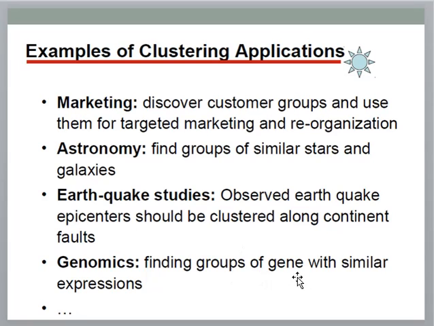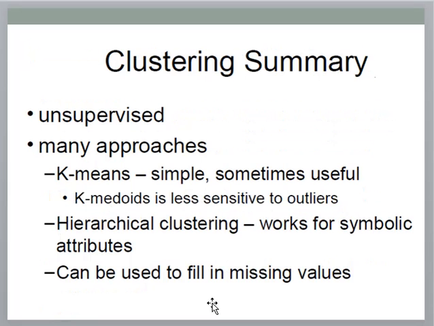We can form different clusters of similar genes, and if we have similar expressions within genes, then we can use those expressions in order to form clusters of related genes. So this can be very handy in such a domain.